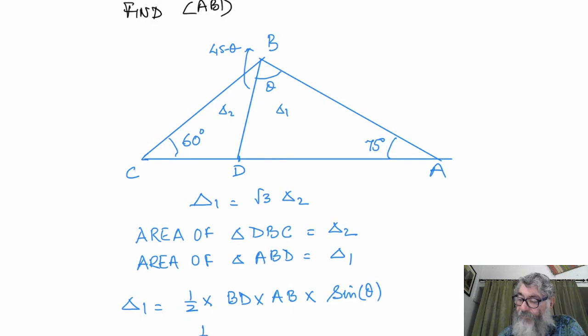So half into BD into AB, which is C, into sine theta.